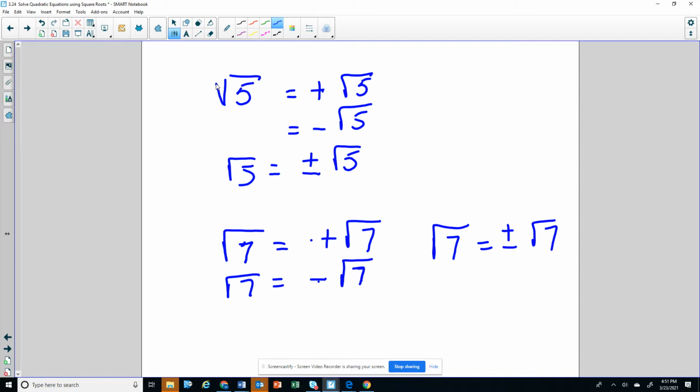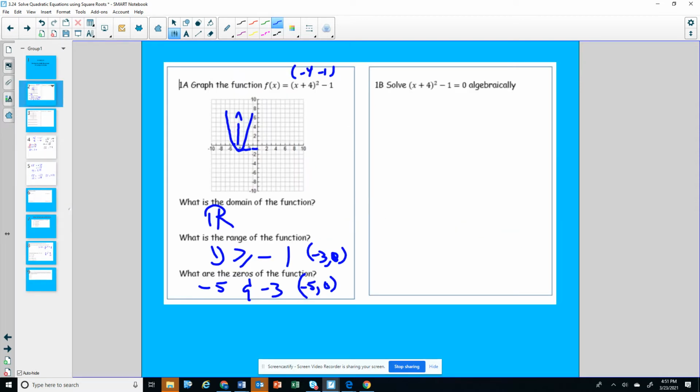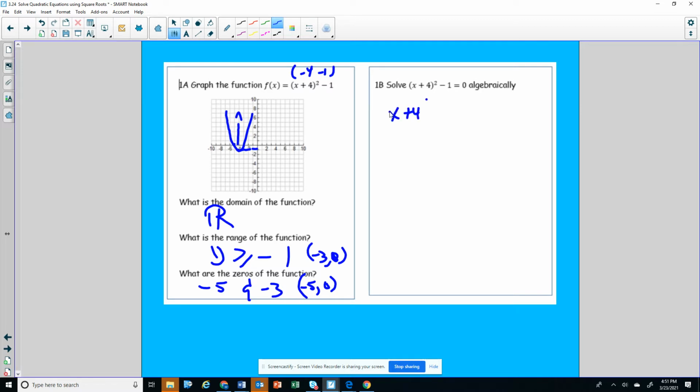All right, see that? So having done this, let's go back and solve this algebraically now. If I want to solve x plus 4 squared minus 1 algebraically, the first thing you want to do is isolate the square term.